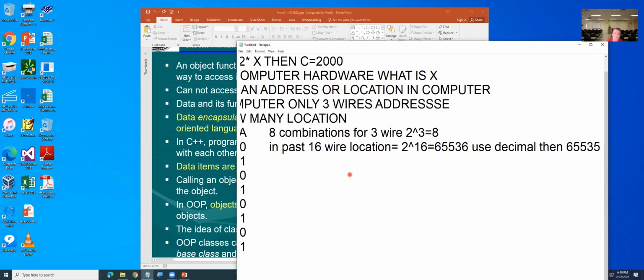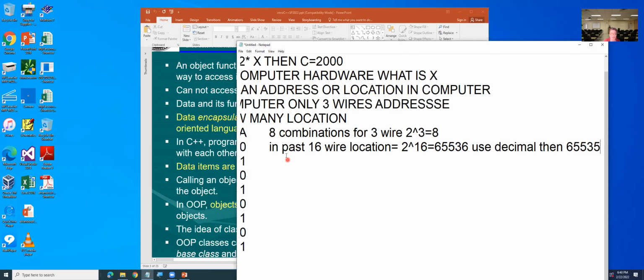The thing is, binary starts with a 0, so that's why decimal will be less by 1. That is telling you how big your computer can go.